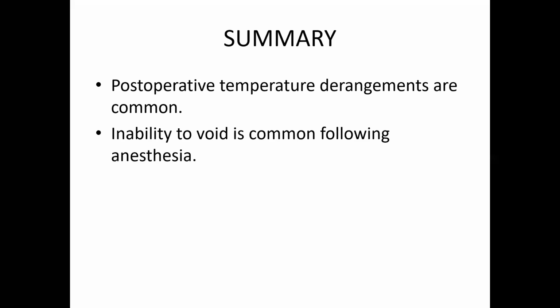If the patient is not able to void or has urine retention, then you can handle that. It's important to have a discharge criteria that you follow, based on vital signs, activity, nausea and vomiting, pain, surgical bleeding, and many other things that we talked about.